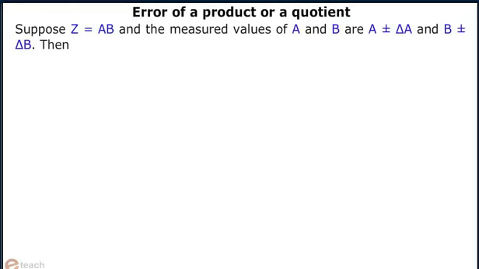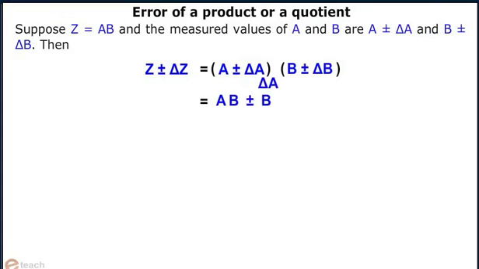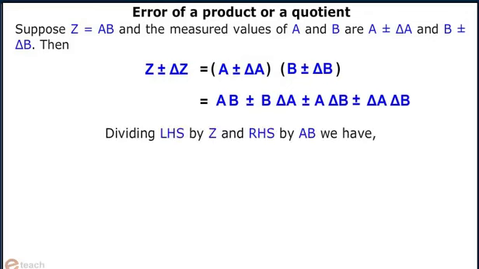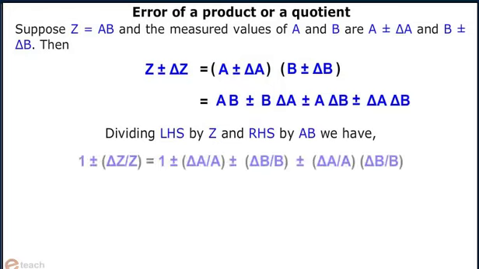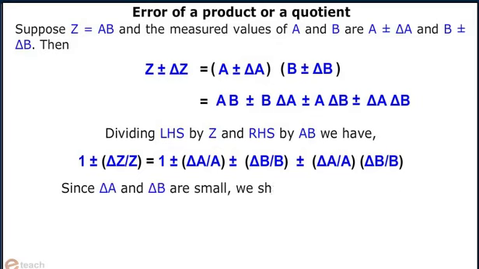Error of a product or a quotient. Suppose Z equals AB and the measured values of A and B are A plus minus delta A and B plus minus delta B. Then Z plus minus delta Z equals A plus minus delta A times B plus minus delta B, which gives AB plus minus B delta A plus minus A delta B plus minus delta A delta B. Dividing LHS by Z and RHS by AB, we have 1 plus minus delta Z by Z equals 1 plus minus delta A by A plus minus delta B by B plus minus delta A by A times delta B by B. Since delta A and delta B are small, we shall ignore their product.